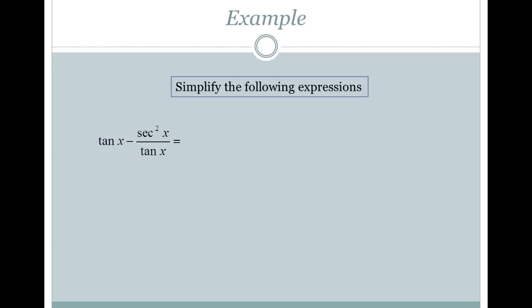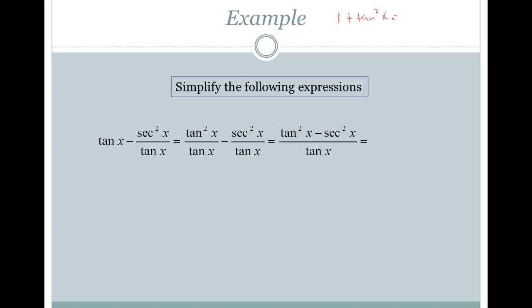All right. Tangent minus secant squared over tan. Again, let's start by getting the common denominator, which is just going to be tan x. So I'm going to get tan squared of x minus secant squared of x all over tan of x, like that. Again, this is another identity. So remember that we had 1 plus tangent squared of x is equal to secant squared of x.